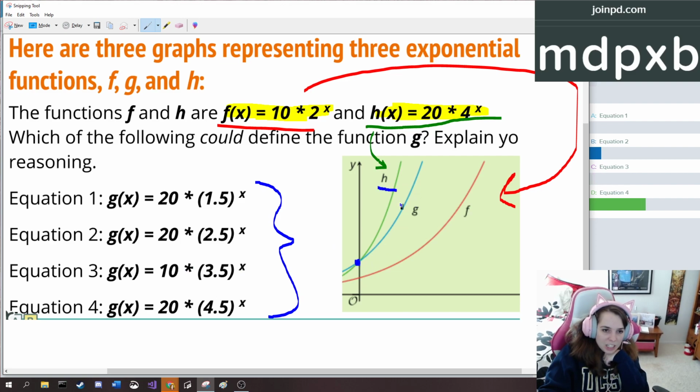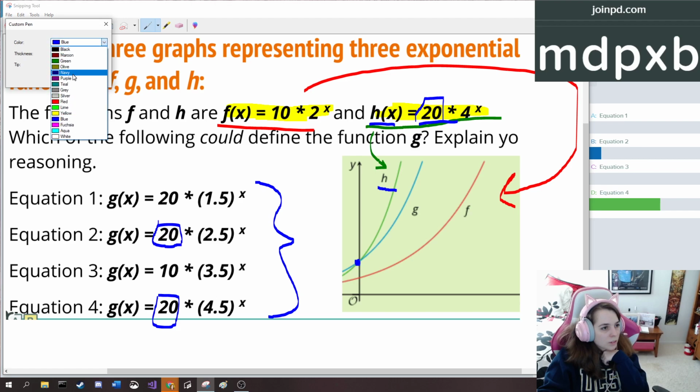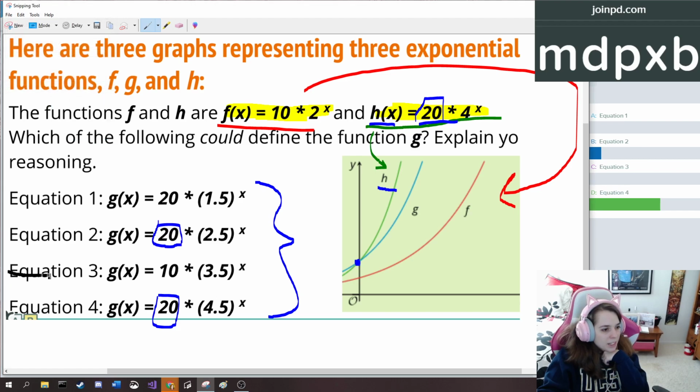If I look at h's y-intercept, it is 20. So you did a good job of recognizing that 20 has to be the y-intercept of g, because they share that same y-intercept. That means that it's definitely not going to be equation 3.